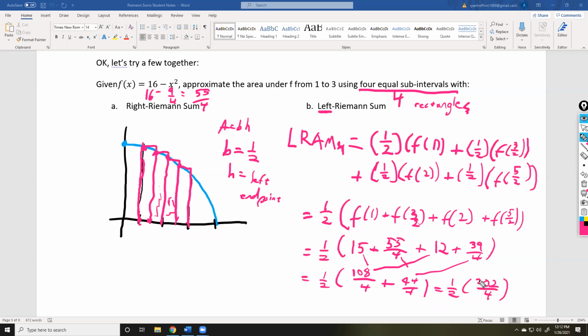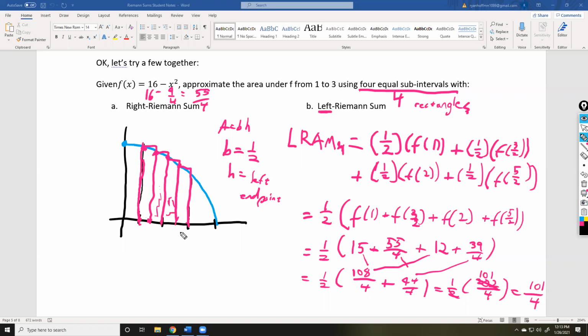And however you want to do that, I would say the easiest is these cancel. So we get 101/4 as our approximation.